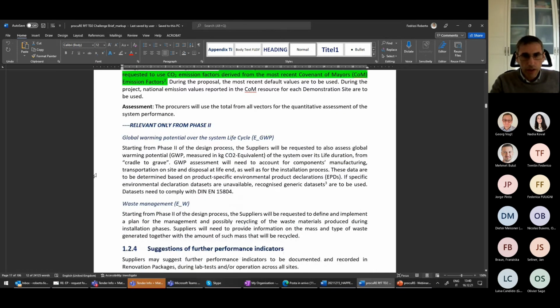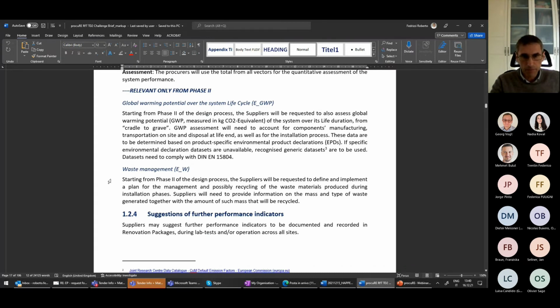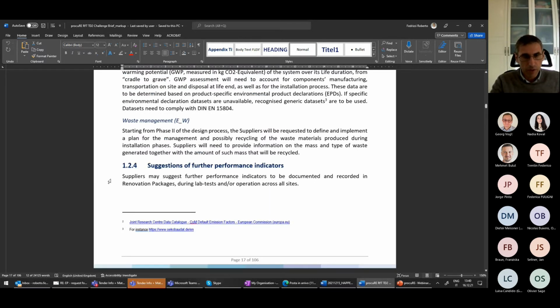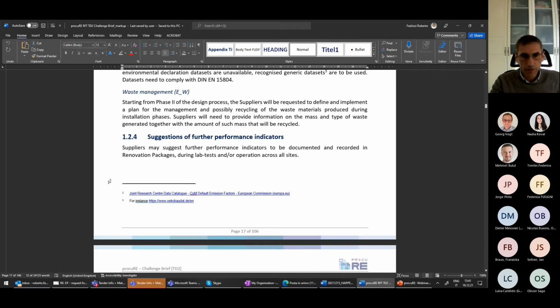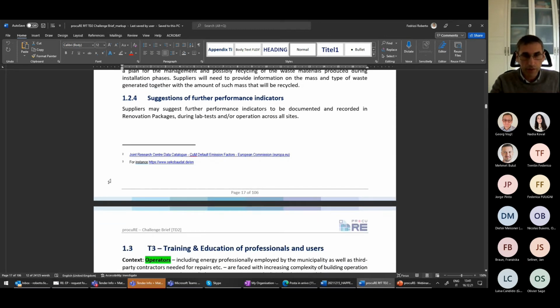In the future phases, we will ask also an insight into global warming potential and waste management over the construction site, but again, nothing really relevant for this initial phase.